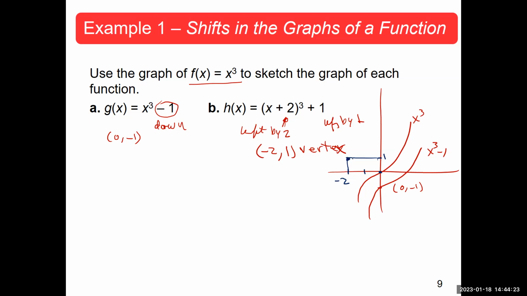That's the new vertex, or we'd have to redraw everything over here. So this here is x plus 2 to power 3 plus 1. That's the new location of the vertex, negative 2 comma 1.